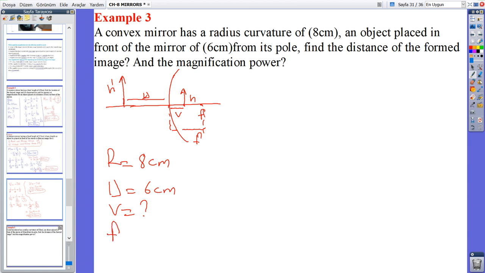Normally we don't know f, but we know f equals 1 over 2 times the radius, which is 8 centimeters. So f equals 4 centimeters.